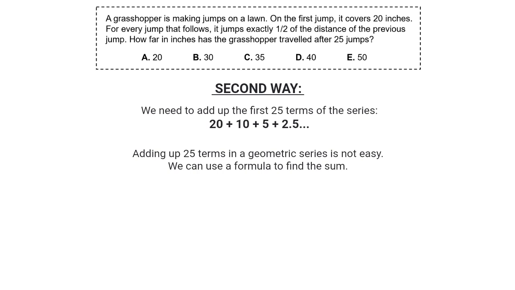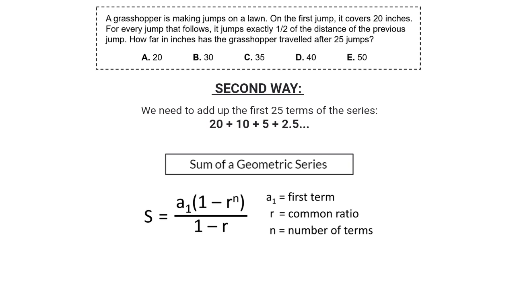And people who have already taken pre-calculus will probably already be familiar with this formula. And so to find the sum of a geometric series, it is equal to a sub 1 times 1 minus r to the n over 1 minus r, where a sub 1 is the first term of your series, r is the common ratio, or what you're multiplying by each time, and n is the number of terms that you're adding up in this pattern.